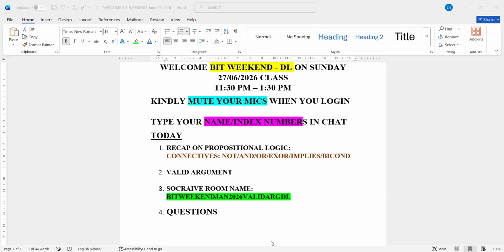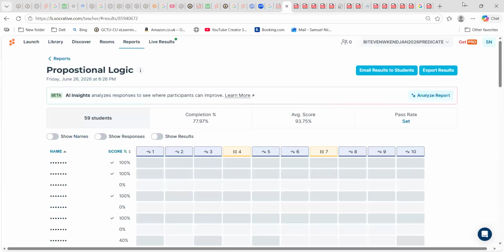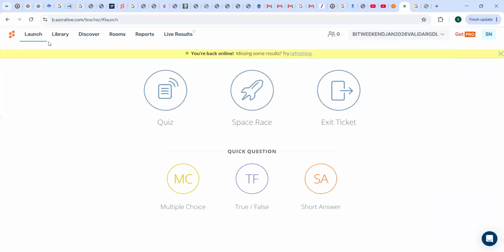Are you sure? Yes, sir. You try the room name. It hasn't been activated. That's what he said. Oh, really? Let's see, because I pulled it from the elements. Let's see whether what you're saying might be true. Maybe when I changed the room name, I failed to activate it. Oh, you are right. I changed the room name and I failed to activate it.